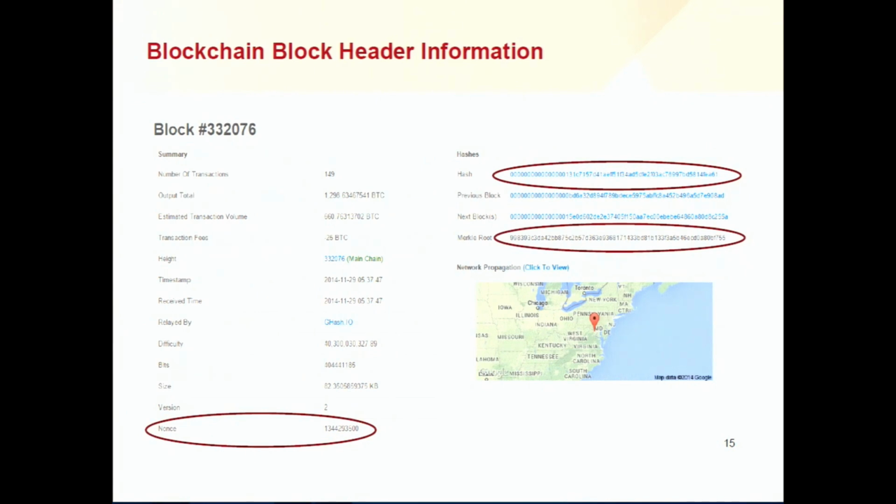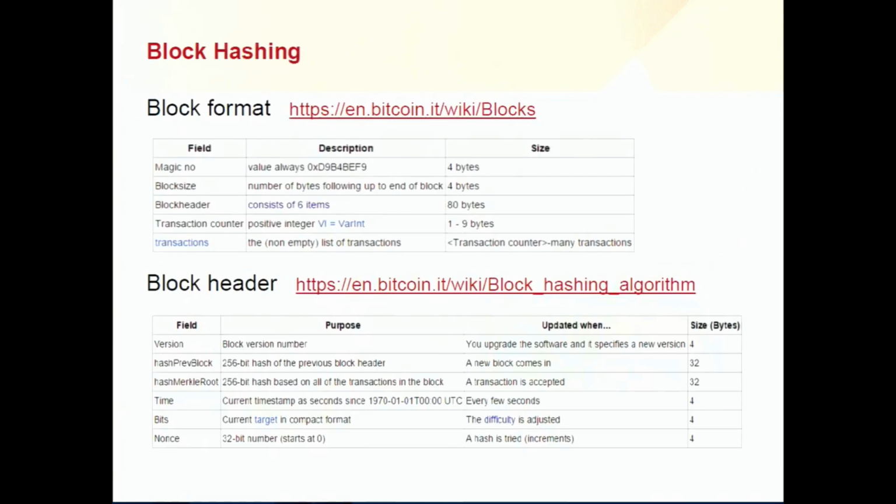So the format then of the block header is that we have a magic number, which is always the same, a block size, the block header, which we'll get to in a minute, a transaction counter, which is the positive integer, and then the list of transactions that are to be included in the block.